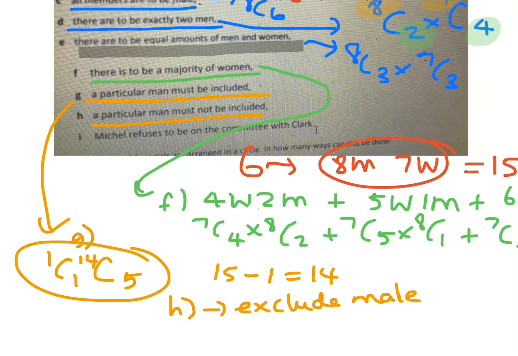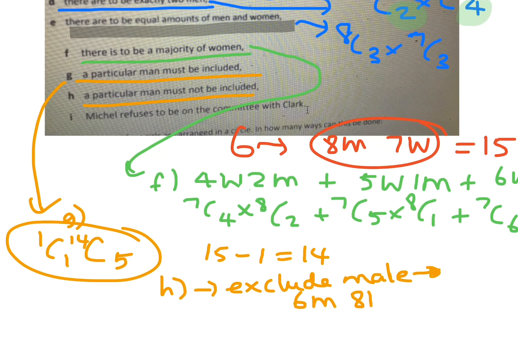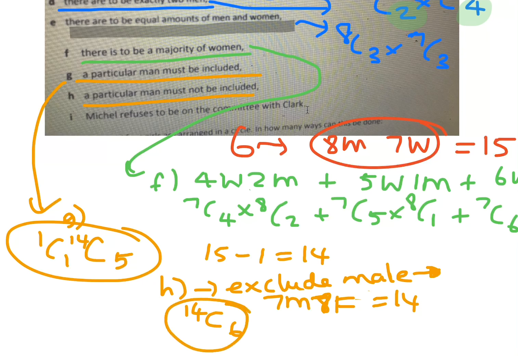So that means you would only have 7 males to choose from, since there are 8 males. 7 males and 7 females, so that's 14. So when you're choosing your 6, you choose 6 from 14. So just exclude that 1 male.